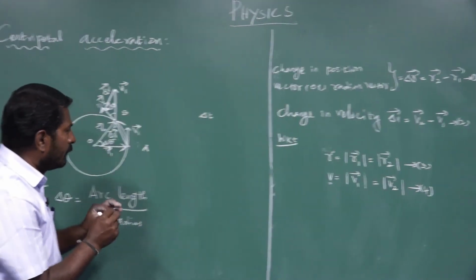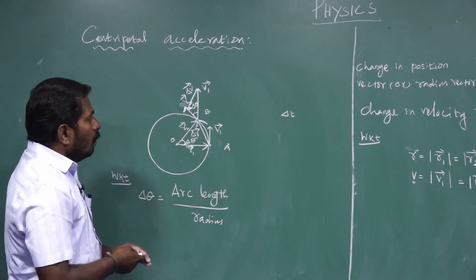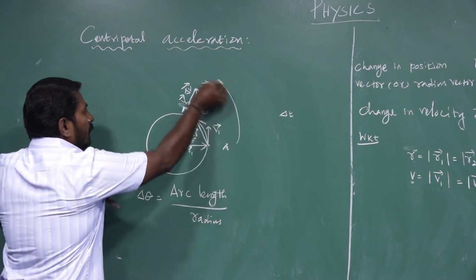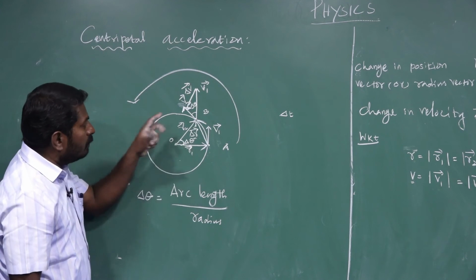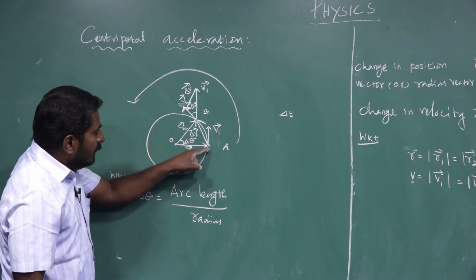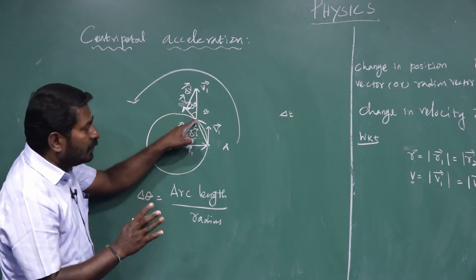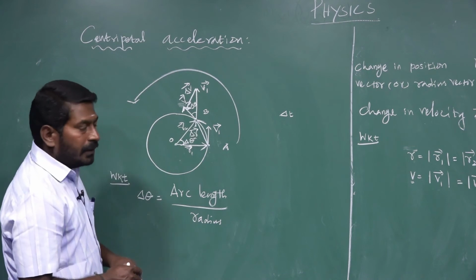But the only important thing is that we are going to calculate the centripetal acceleration. Why does the particle move along the circumference of the circle in uniform circular motion? At every point on the circular path, the linear speed will not change, but the direction of linear velocity continuously changes.